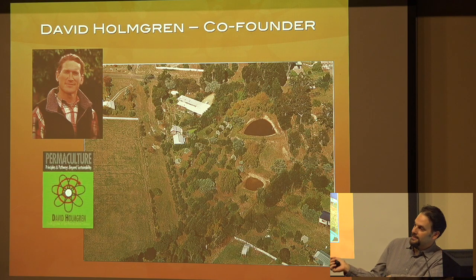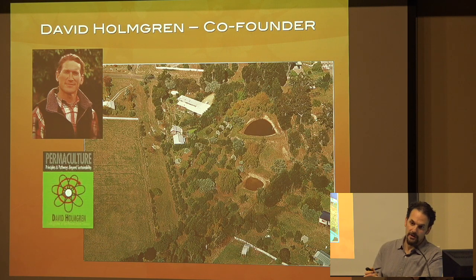And this is his place here. It's called Melliodora, and this is in Australia. Again, Australia is the driest climate on Earth, so it's not a surprise that this is the place where it became clear that our system was depleting the resources, because it's a fragile environment because of the aridity.